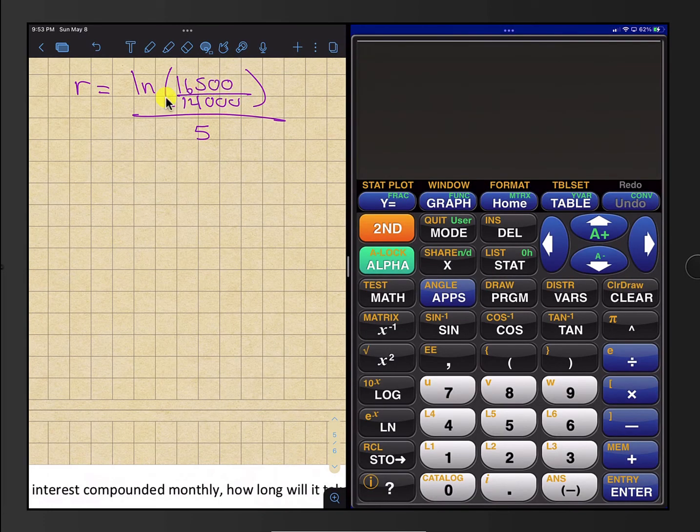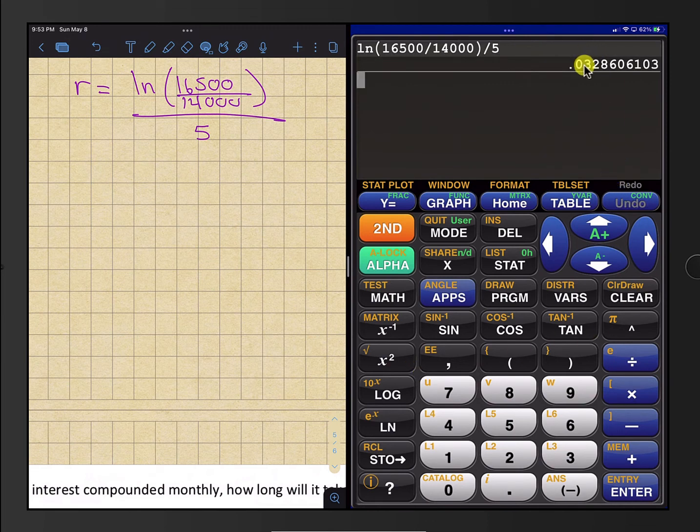We can type that in easily in our calculator by pressing the natural log button, typing in our fraction, and then dividing by 5.